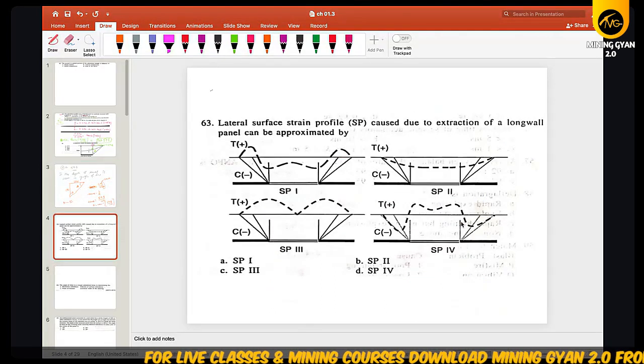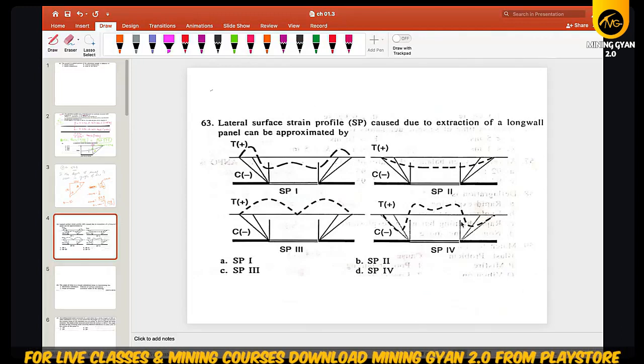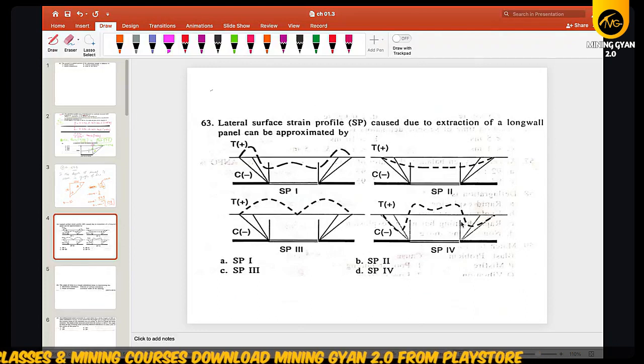Okay, come to your question 63. These are the basic graphs whatever I have taught you. Subsidence is of 3 types: critical, subcritical and supercritical.